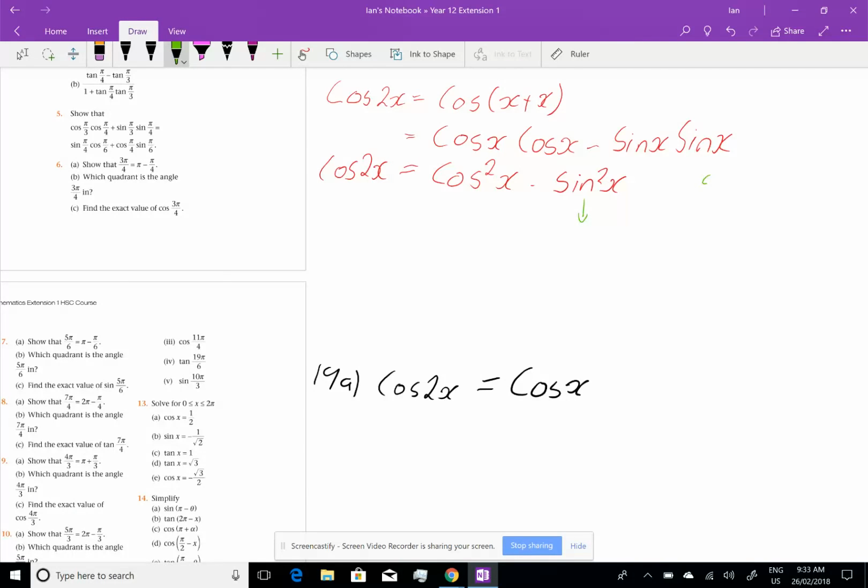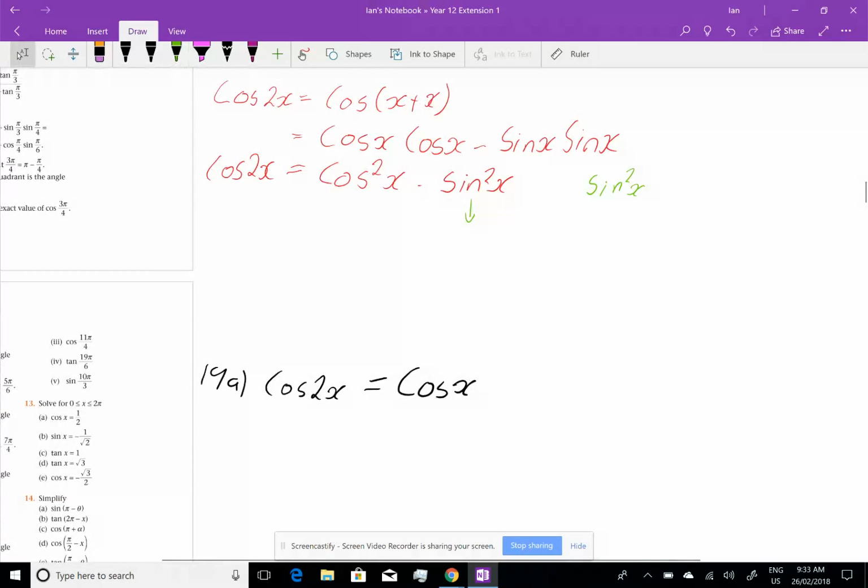I know that sine squared x plus cos squared x equals 1, therefore sine squared x equals 1 minus cos squared x.